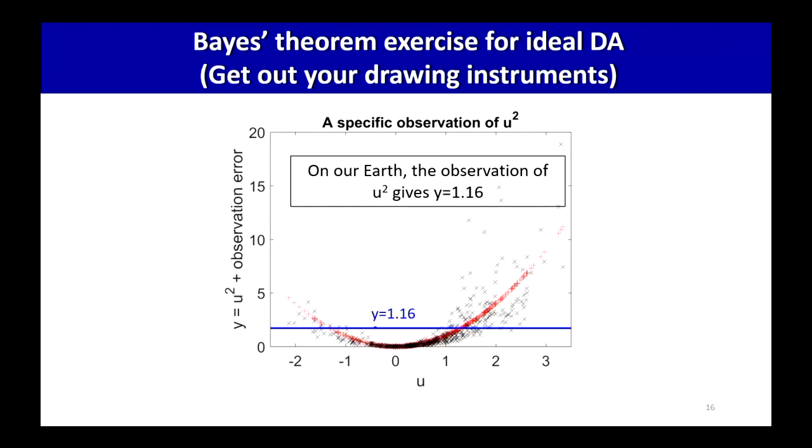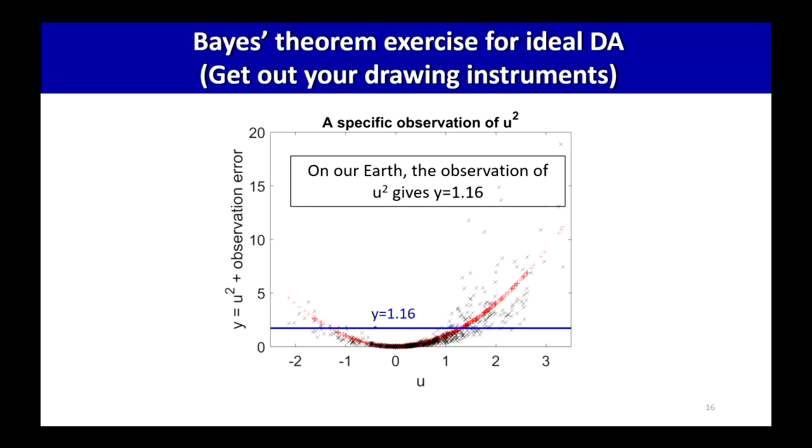And then this side, we've got just u, going from minus 2, minus 1, 0, 1, 2, 3. And then here we're going 5, 10, 15.